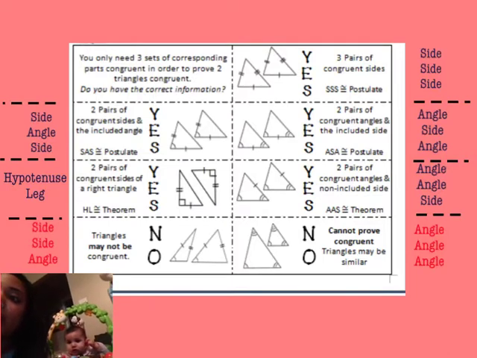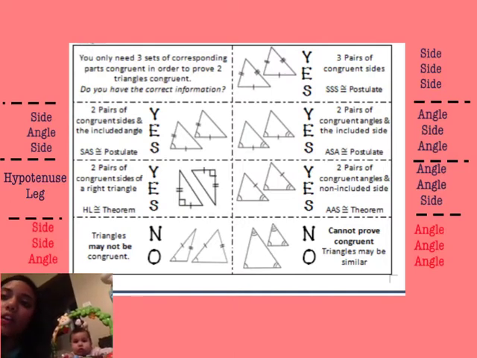If you have angle, side, angle, so here's an angle, here's an angle, here's a side, and they're congruent, I mean they're all the same, that means, yes, you have the right information. Angle, side, angle means that they are congruent. So the next one is angle, angle, side.